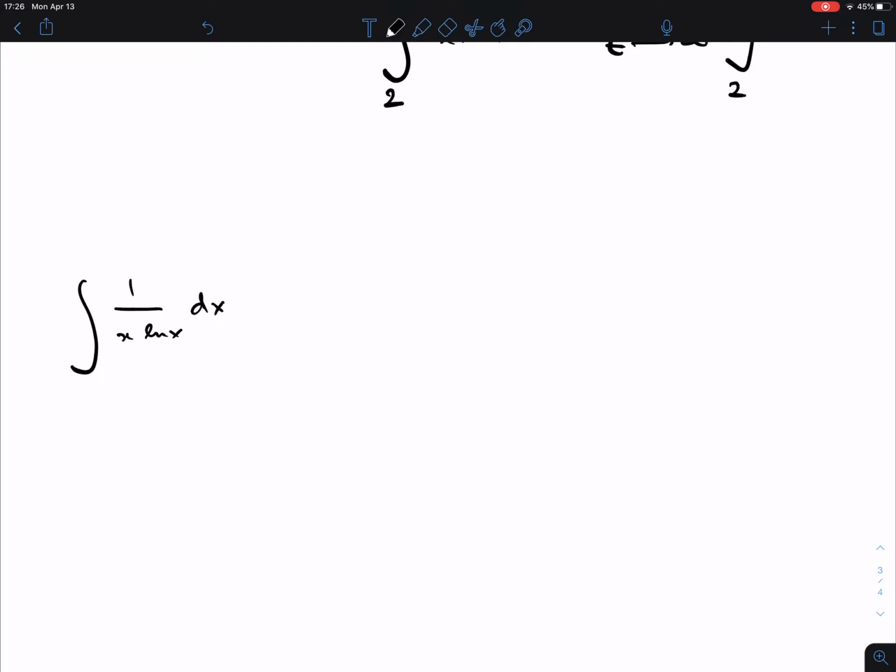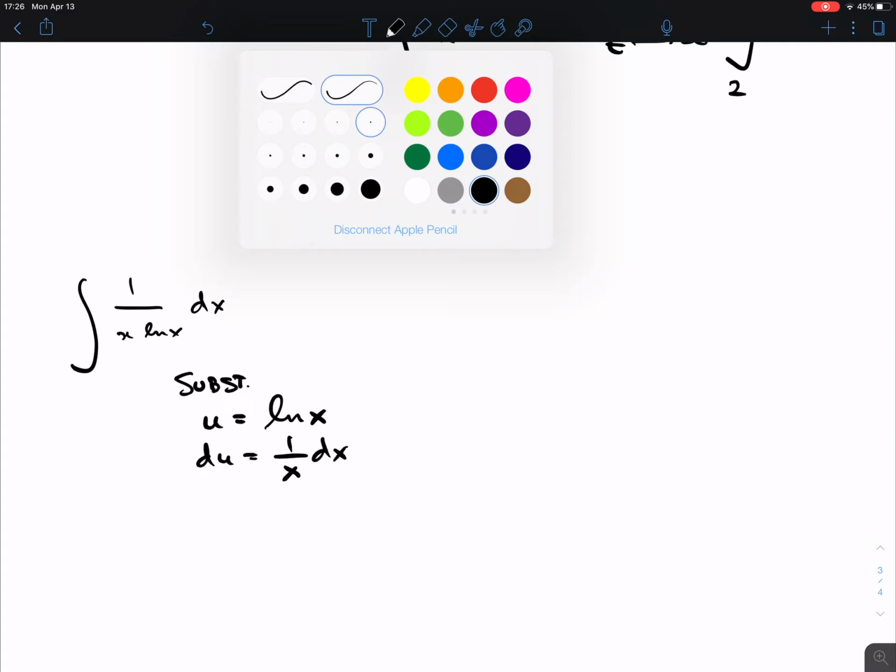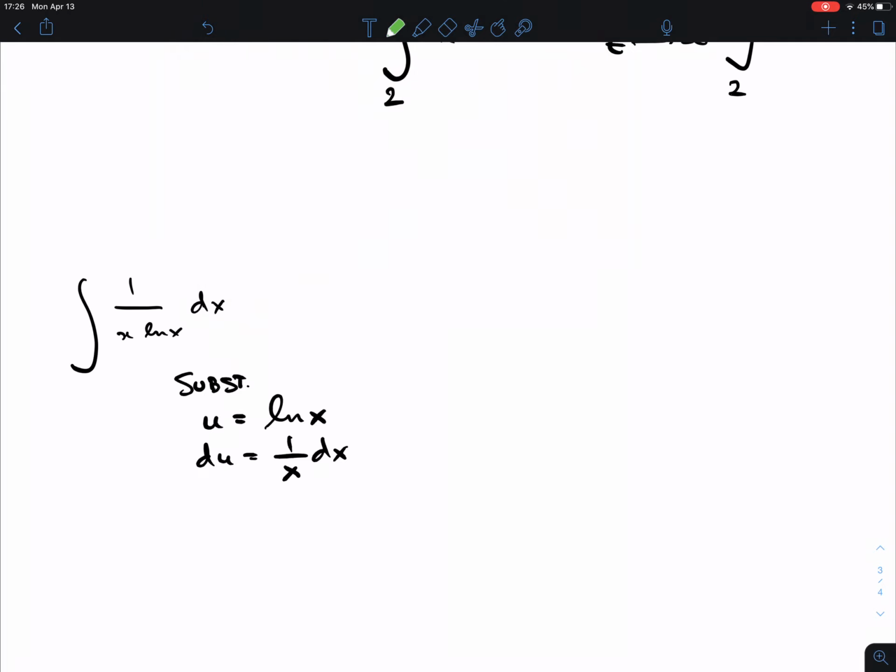The solution here is substitution. I'm going to use substitution, namely u is ln x, because if I take du, it is 1 over x dx. And let me show you why. What we need in substitution is that everything else should be the du, and that's exactly what's left.